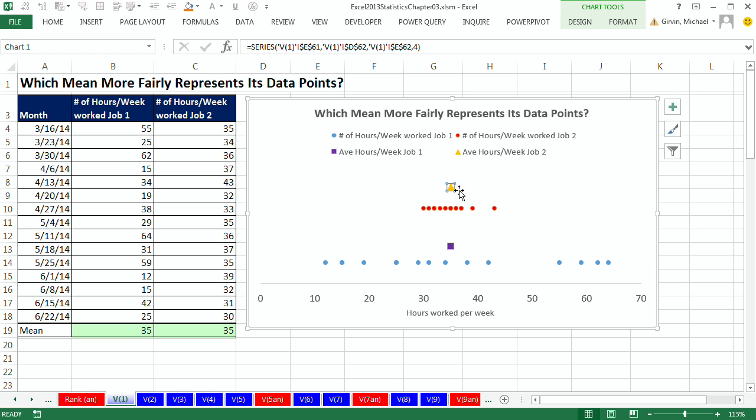How far are they apart? This one is going to be a positive. This one's going to be a negative, meaning it's below the mean. Down here, it looks like the deviations are much larger, right? So this is just a visual portrayal, trying to get our arms around what dispersion or variability or eventually our standard deviation means.